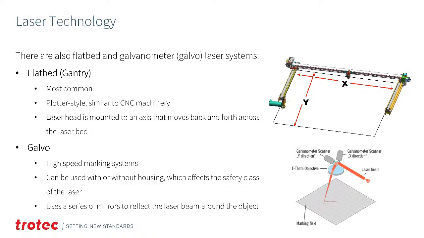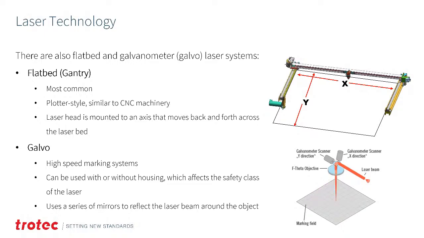The other type of motion system that we produce is the Galvo system. A Galvo system is a high-speed marking system that's typically fixed over the surface of the part, and then uses mirrors to direct the laser beam onto an object.